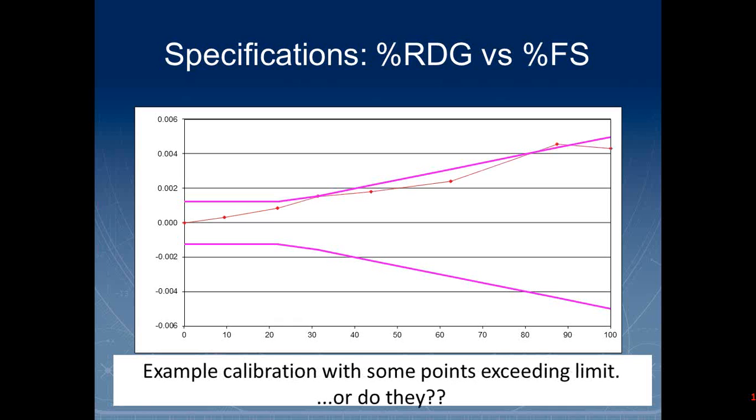So here's an example, and you can see in the upper right-hand corner, there's one that's across the line. The rest of them are marginally below to maybe touching the line. So maybe some of the points exceed the limit, or do they?